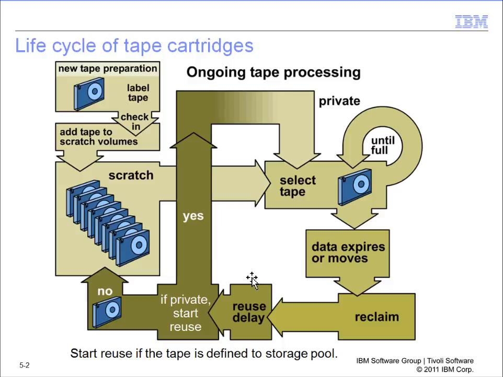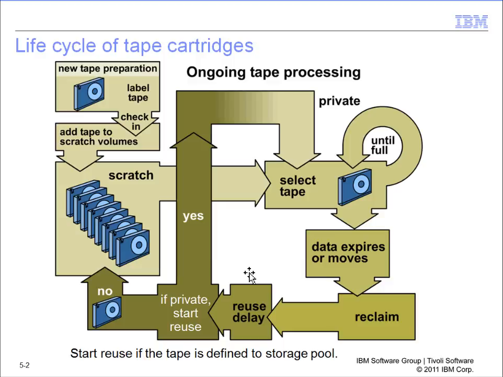We have something called reuse delay, and this option allows you to postpone writing on tapes that have been reclaimed for a specific number of days. For example, 3 days would cover a long weekend, say a weekend with a holiday or a vacation attached to it. This is a safety net.